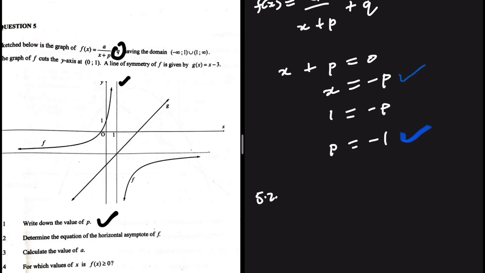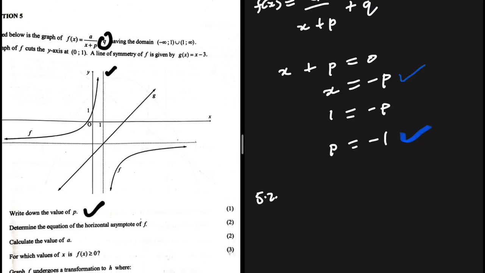So how are we going to do that? We don't have f of x, and we don't have any number given close to the horizontal asymptote, just as we were given on the vertical asymptote.